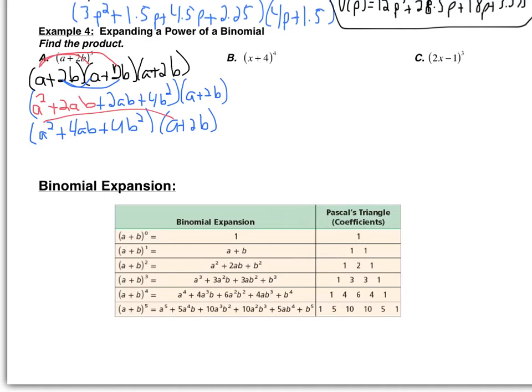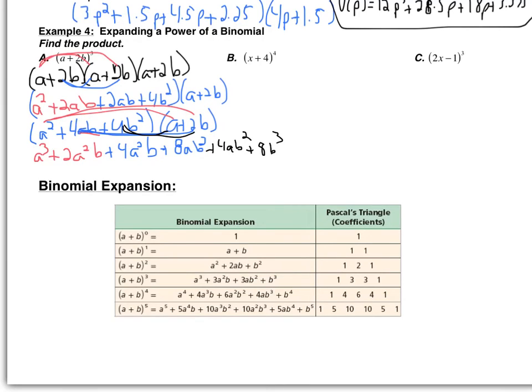So we have a squared times a is a cubed, a squared times 2b is 2a squared b, 4ab times a is 4a squared b, 4ab times 2b is 8ab squared, and then we have 4b squared times a, so 4ab squared, and 4b squared times 2 is plus 8b cubed.